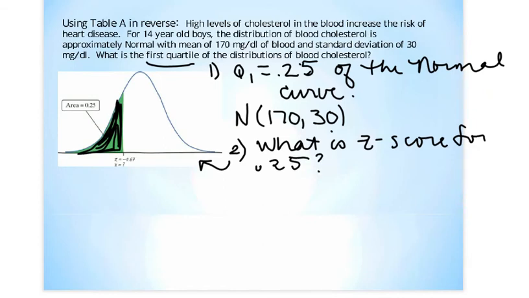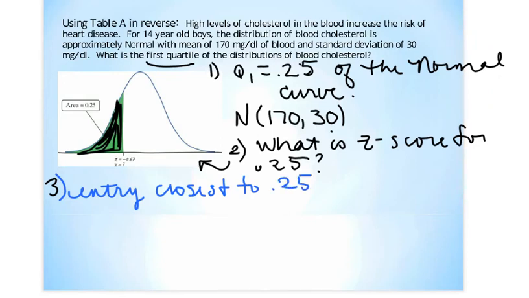So step 3, do. You're going to look in your chart, and what you want to find is the entry closest to 0.25. The entry, remember, is the middle of the chart, and it's actually 0.2514. So you find 0.2514 in your chart.